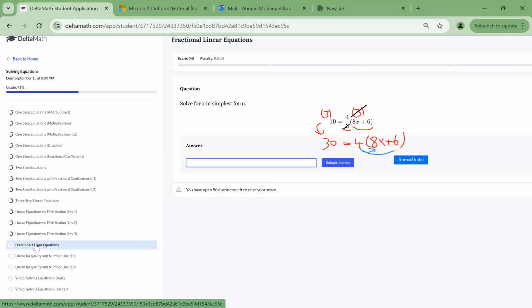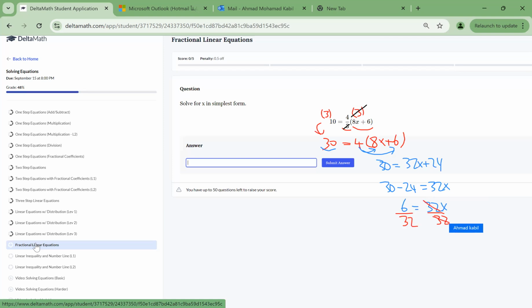So if we distribute the 4 here, we get 32x plus 24. And you still have 30 on the left as it is. You can take the 24 to the left-hand side. So 30 minus 24 equals 32x. So 6 equals 32x. Now we divide by 32 on both sides.